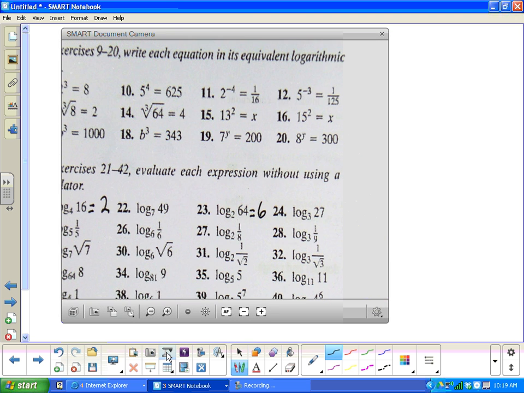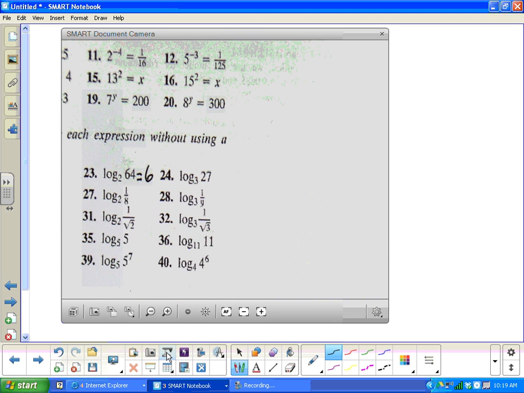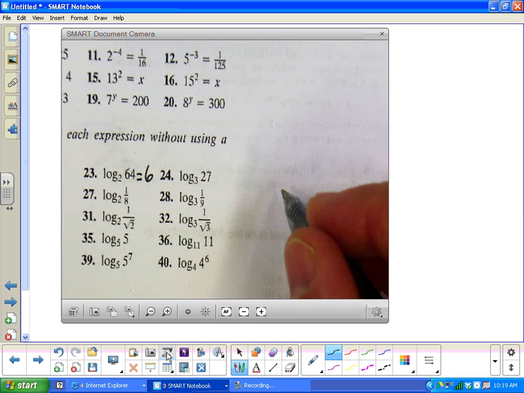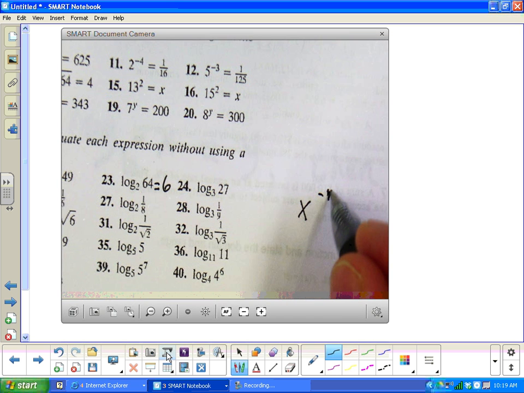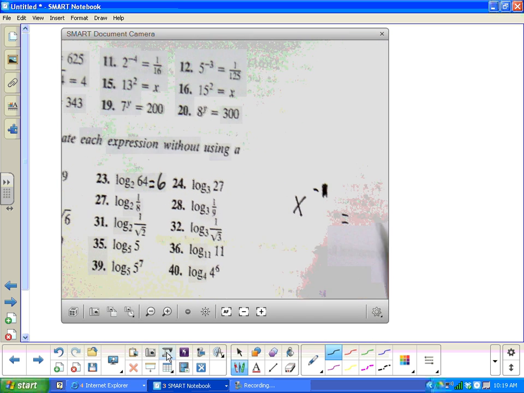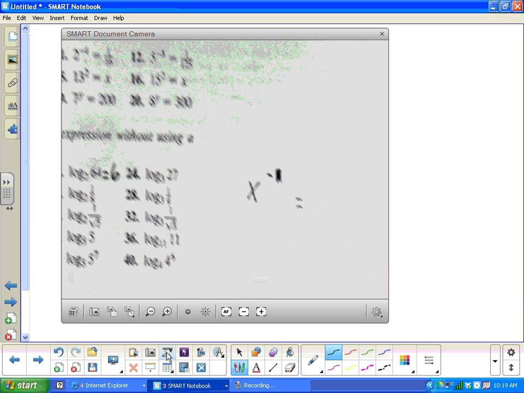Now, before we get to 25, I'm going to go to the side here, and you may want to write down a couple of rules. Exponents. If I have x to the negative 1 power, what's an exponent rule here that I can use to make that positive?